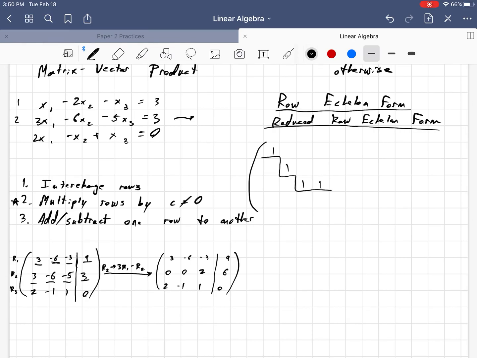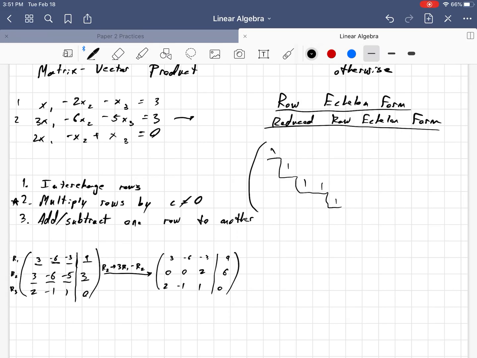In row echelon form the 1s have to form this staircase pattern. In other words, it can't look like this, which is reversed. It's got to form that downward staircase pattern, and we have this pattern here.